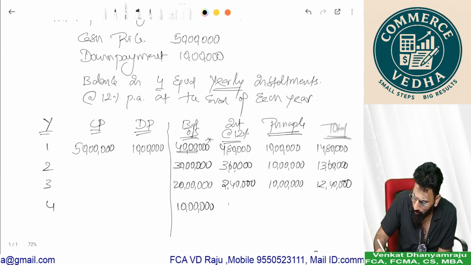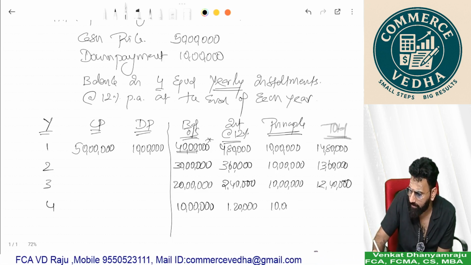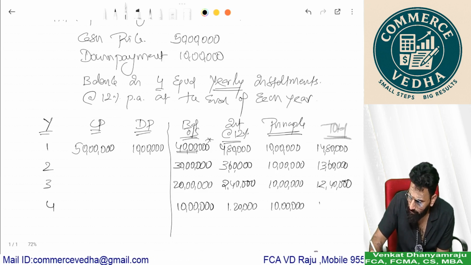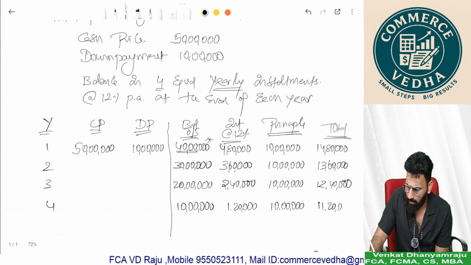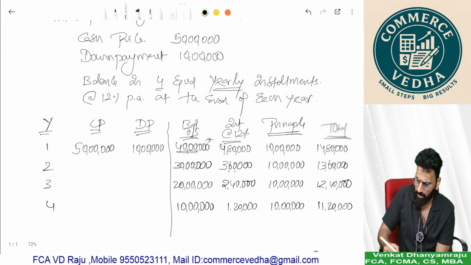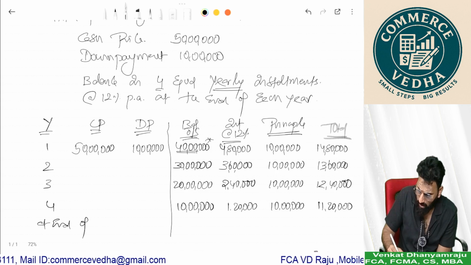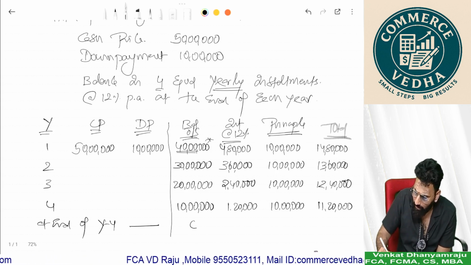And here you have to pay 1,20,000 and 10 lakhs. Total payment is 11 lakhs 20,000. And at the end of year 4, your balance shall be 0.